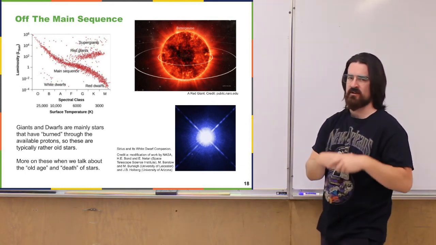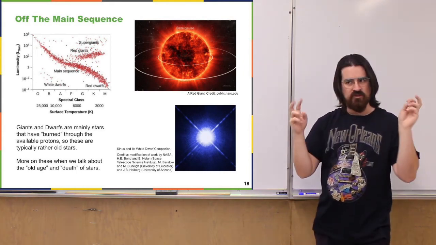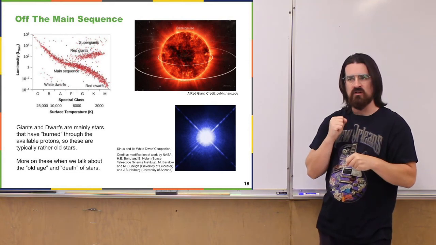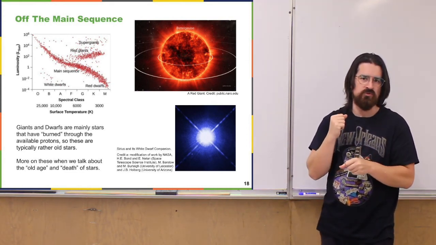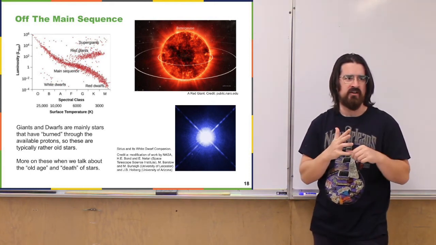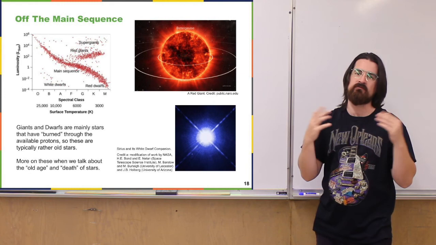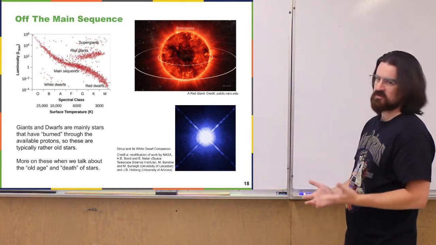Stars that have been around for a long time, and they've burned through or fused through pretty much all of the available protons that are there to fuse. So they sort of run out of their fuel. It takes a very, very long time to do that, billions and billions of years, but eventually you get there.